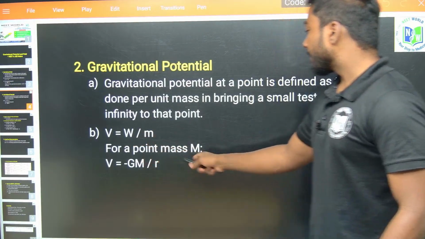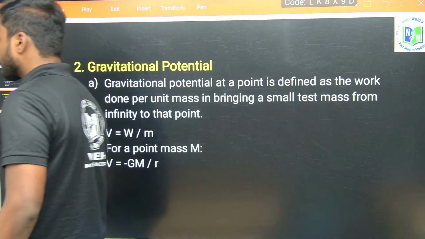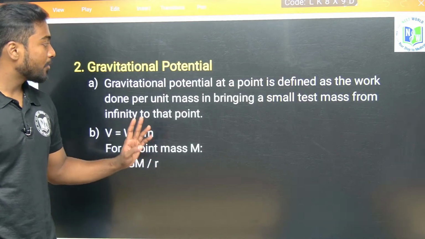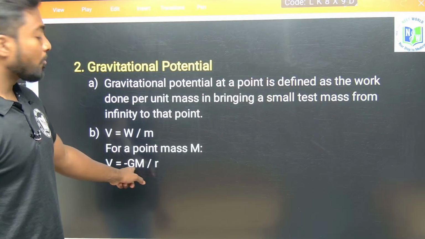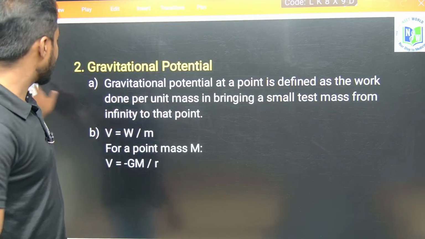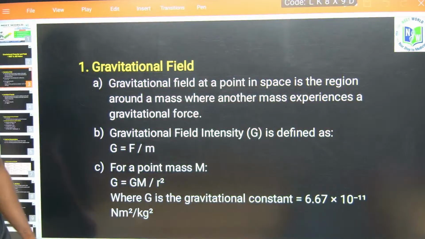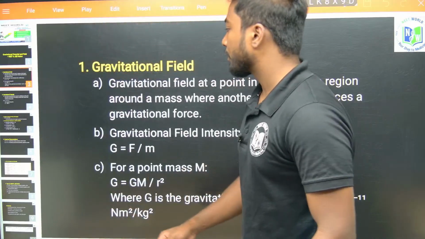For a point mass, V is equal to minus Gm by R, the gravitational potential. So remember the formula, V equals minus Gm by R. For the previous case, the intensity is force per unit mass. You can note down that.